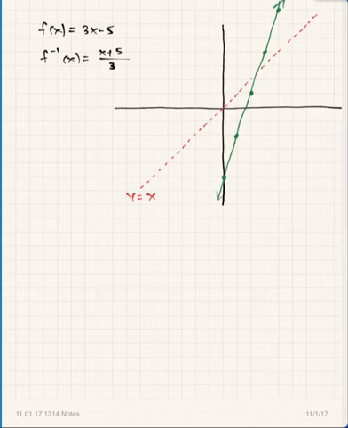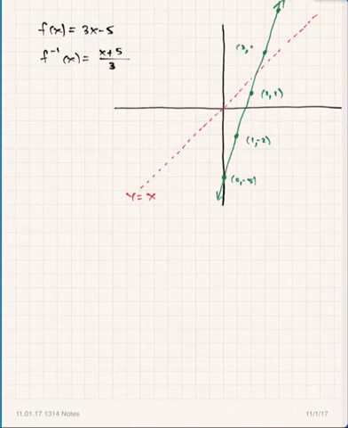Now if I take those points that I just got and I reverse them, there's 0, -5. Here's 1, -2. Here's 2, 1. Here's 3, 4. And finally, the last one was 4, 7.